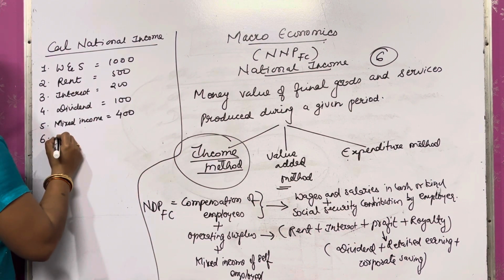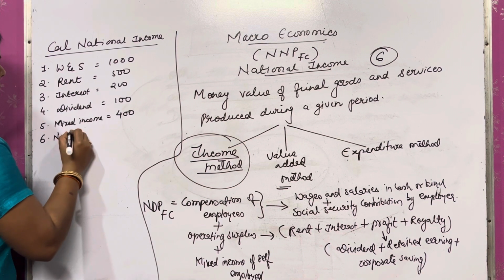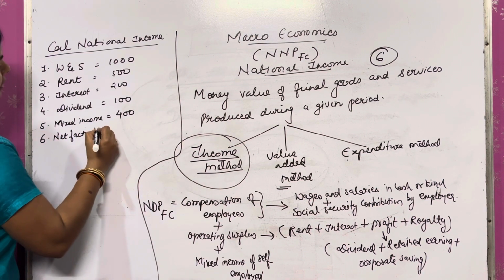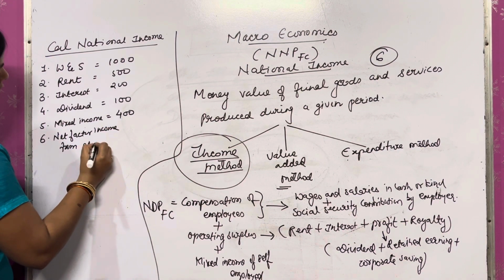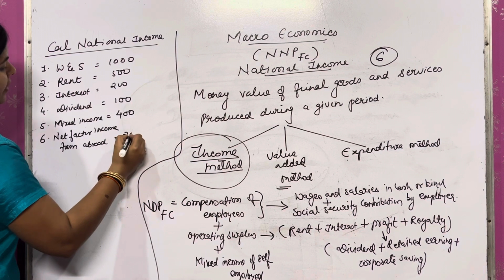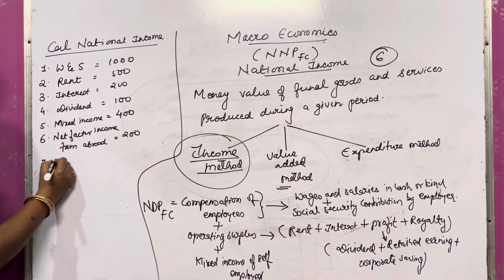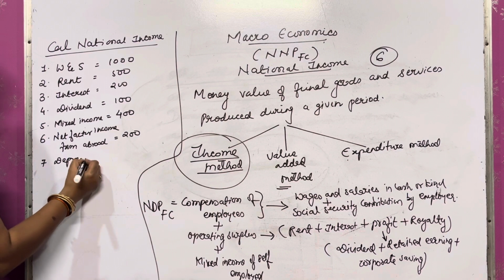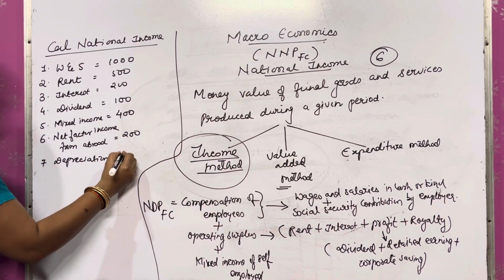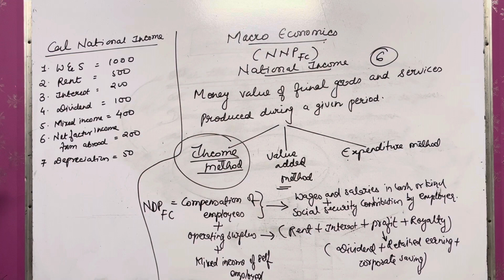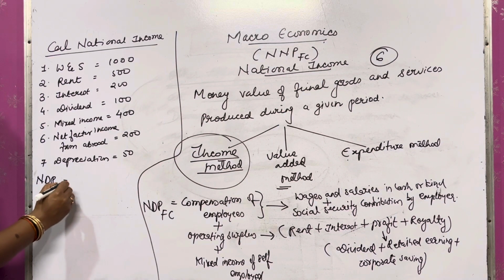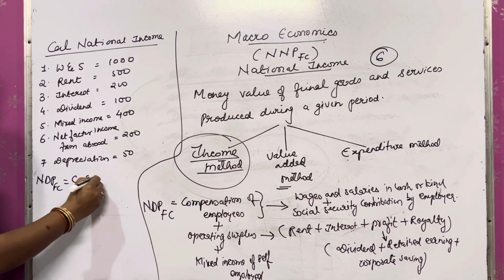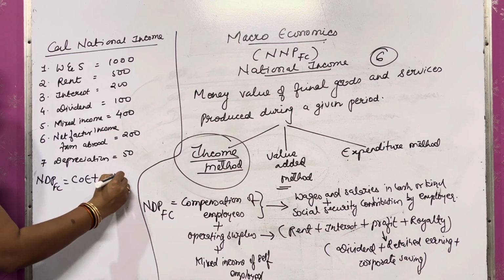Next, NFIA, net factor income from abroad, is 200. Seventh, depreciation is 50. How do we calculate national income by the income method? First, write the formula: NDP at FC equals COE, compensation of employees, plus operating surplus, plus mixed income.